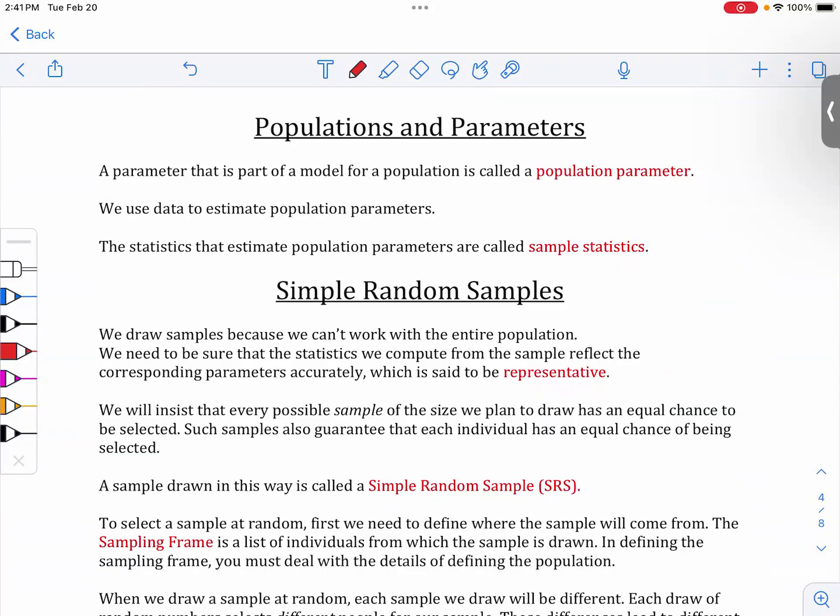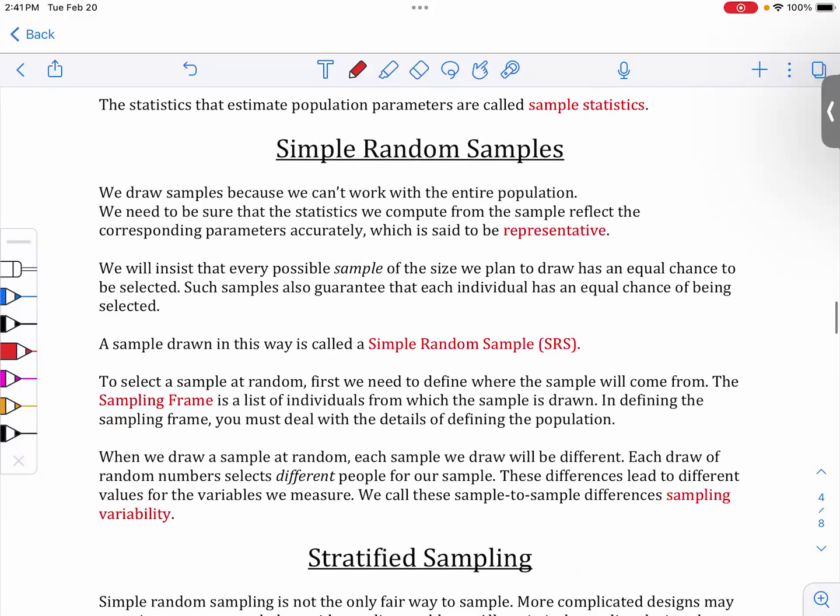So as I said, population parameters and sample statistics. We calculate the sample statistic to make an inference about a population parameter, and that's basically what we're going to do every time. There are several big sampling methods. Simple random sampling is by far the foremost, the most common. This all comes down to the sampling frame. The sampling frame is basically, you pick your demographics.